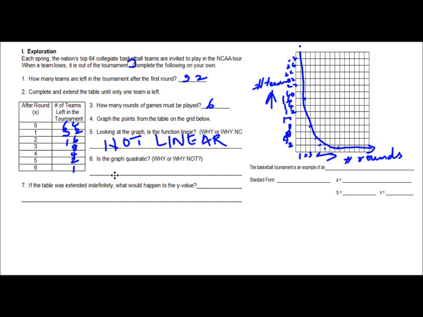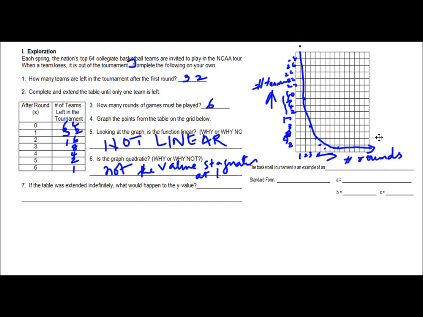Is this graph quadratic? Well, for a parabola, if there is something coming down, there is something going up also. I don't see that this is a quadratic. So this is not a quadratic because the value stagnates at 1.